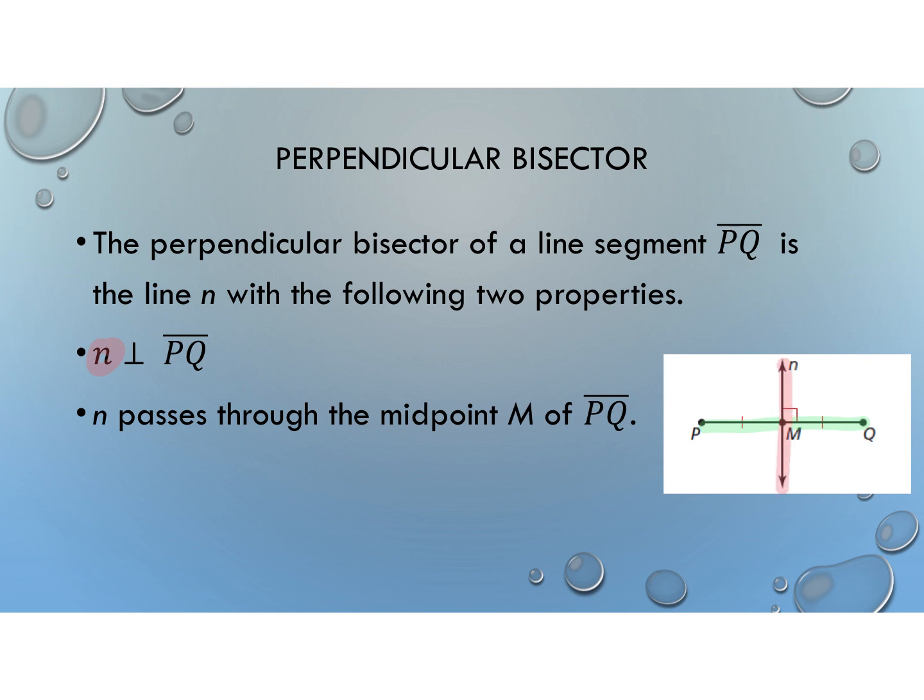Right here, it's perpendicular to segment PQ, which is already highlighted in green. The other property is that N passes through the midpoint M of PQ. Since it passes through the midpoint, that means this segment and this segment, PM and MQ, are equal to each other.